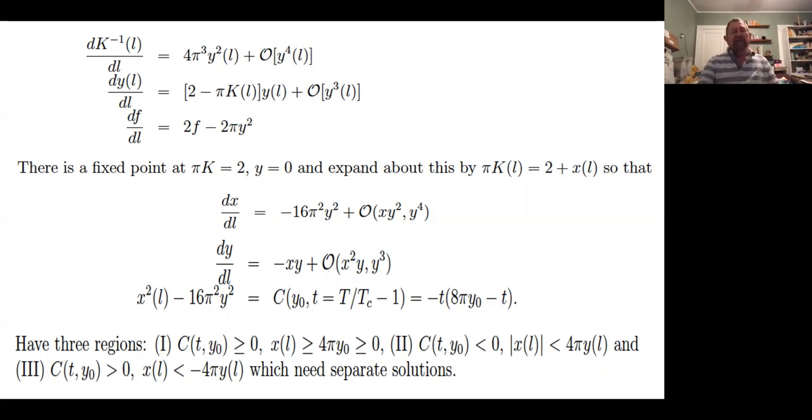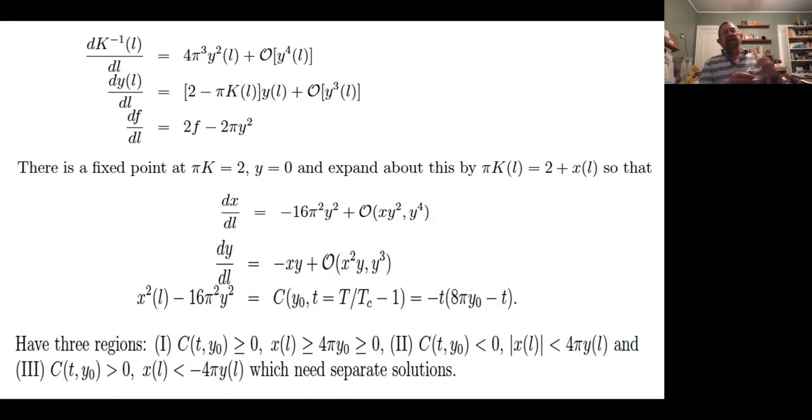And then we get equations replacing the k by x. We get dx by dl is minus 16 pi squared y squared plus terms of order xy squared and terms of order y to the fourth. So as long as the deviation from the fixed point is small enough, this equation is good enough. And we also have dy by dl is minus xy plus smaller terms.